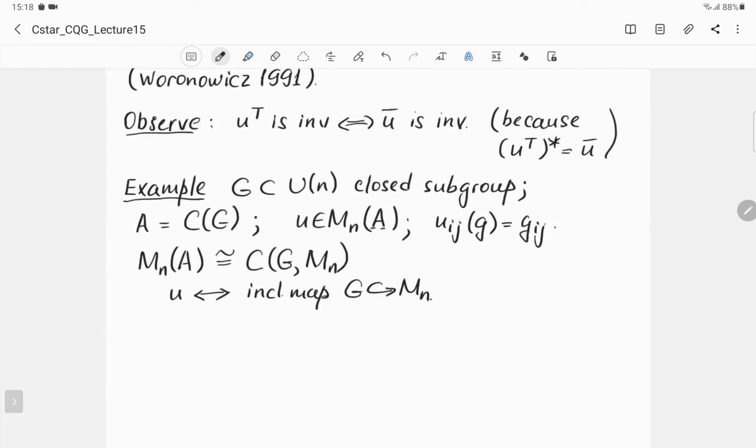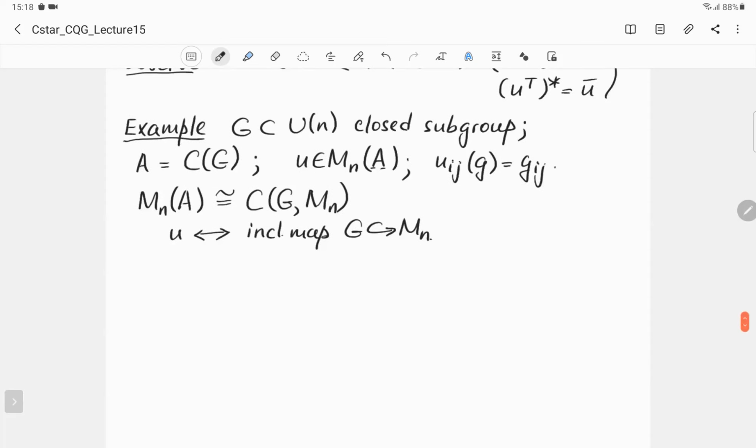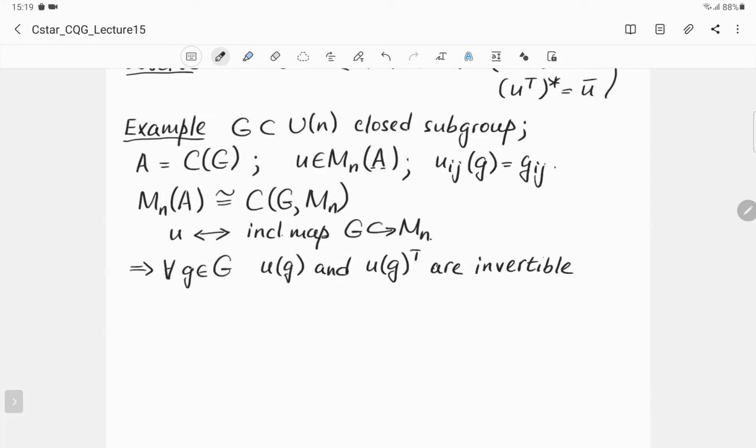It is unitary, and in particular, we see that for each little g in our group, the matrix U of g and the matrix U of g transpose are invertible, simply because U of g is unitary.